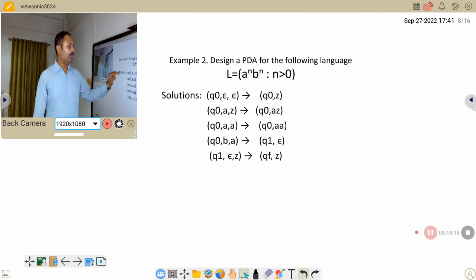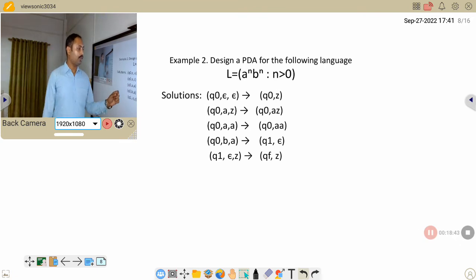So the first thing is that we have to input Z, which is the notation of the stack, showing whether the stack is empty or not. So first of all we have to input this Z symbol into the stack. We do this movement at first. Input tape is empty and the top of the stack is also empty, so we are going to add the Z symbol into the stack.